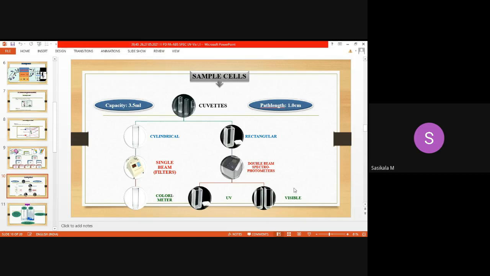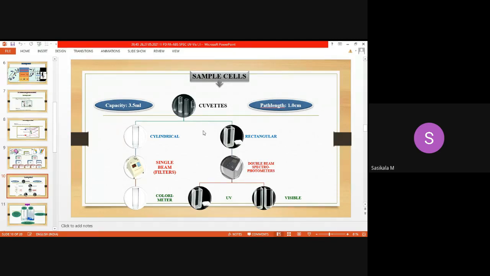We are using both combinedly, since both radiations are applicable for absorption and analysis of chromophoric substances. Both the principles of UV and visible are coupled in the same instrument, so it is called a UV visible spectrophotometer.